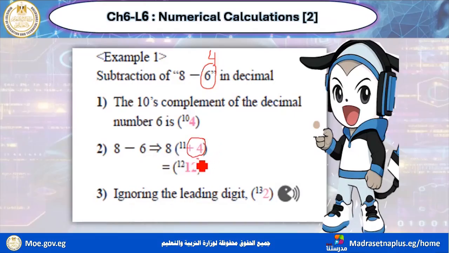So the result will be 12. Now ignore the leading one. The result will be 2. 2? Yes. Make it with your hands as in primary school. Take 8 and remove 6. The result will be 2.